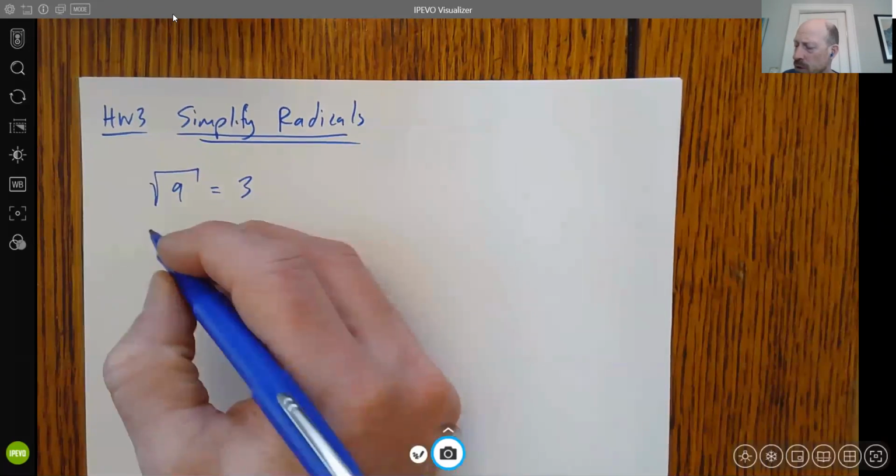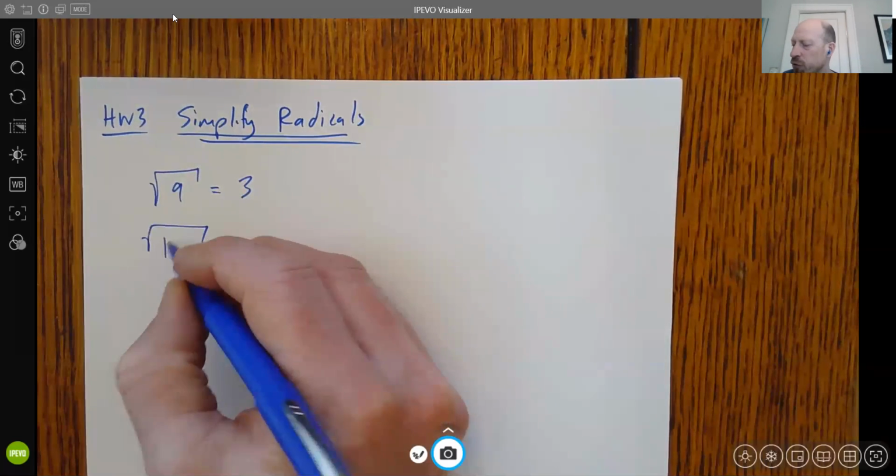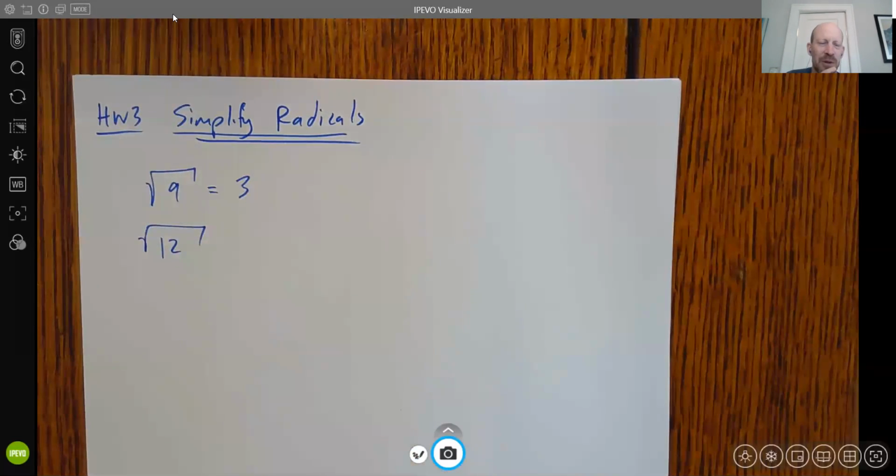But what about if I have the square root of 12? So the problem there is that this is not a square root that I can find directly. There is a number that's the square root of 12, but that number is a decimal, and that decimal goes forever and it never repeats or stops.